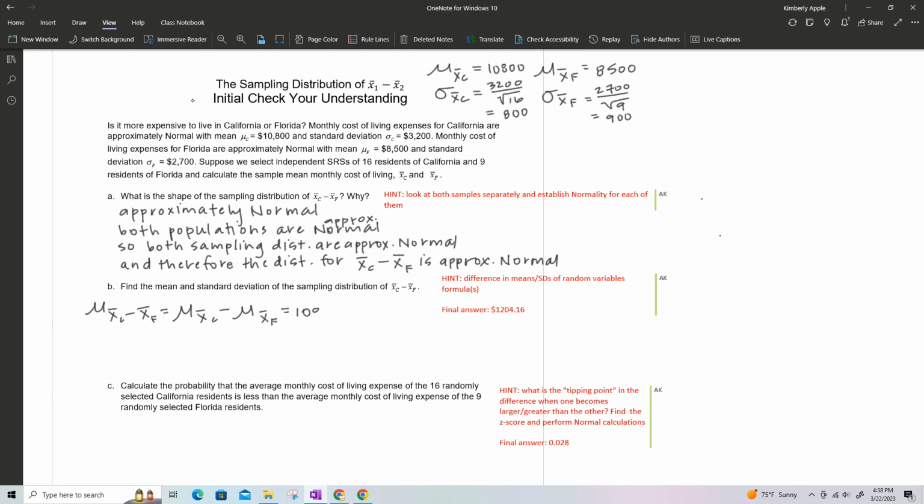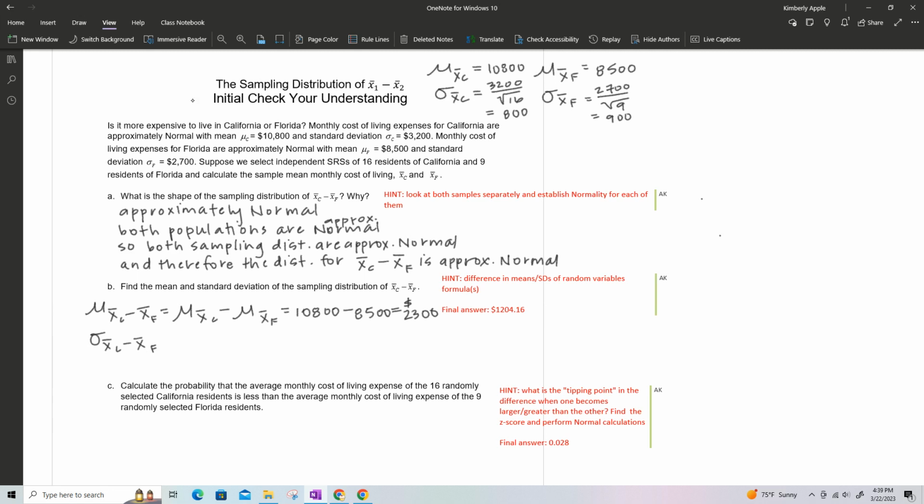And so let's go back up and grab that value. That's 10,800 minus 8,500. And that is going to give me the mean difference of 2,300.